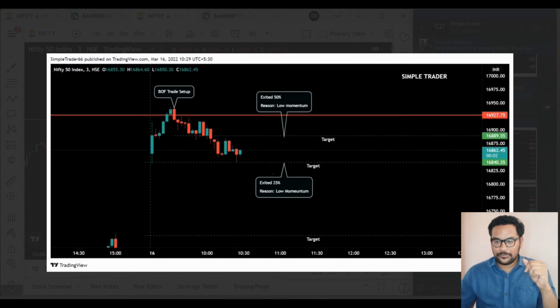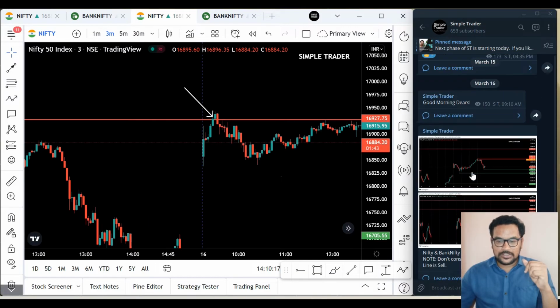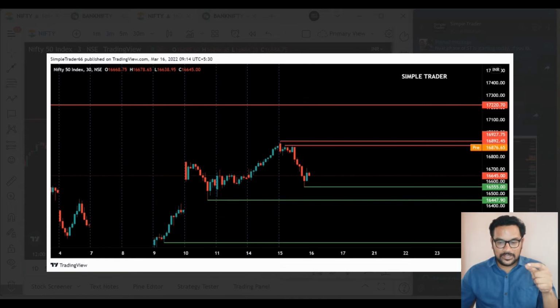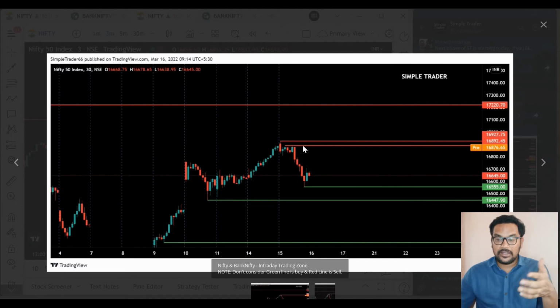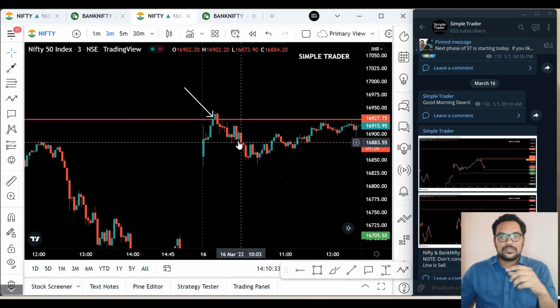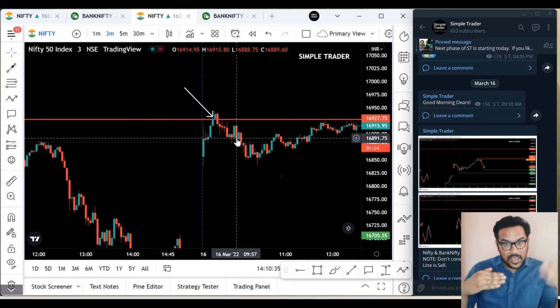I'll show you why. So look at this Nifty. This is a higher time frame. The actual BOF happened at this point, 16,927, and there was one more resistance at 16,892, right? Look at this point. This resistance may act as a support.